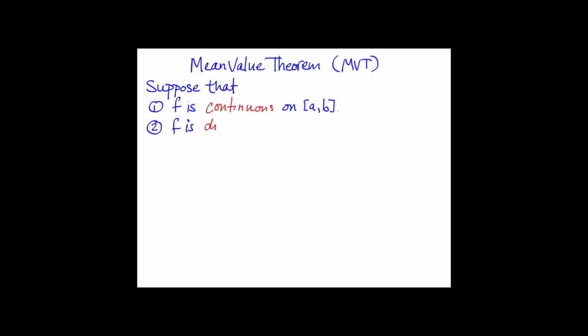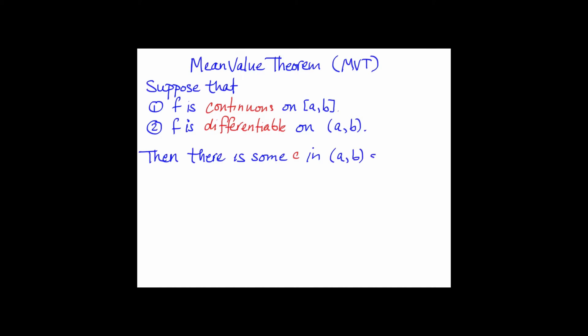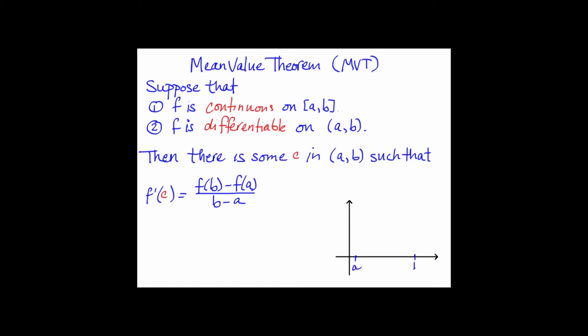And it's differentiable on the open interval from A to B. So that just means the derivative exists everywhere in between the numbers A and B. And we can conclude that there's some number C in between A and B where the derivative f prime of C is equal to f of B minus f of A over B minus A. And you should recognize what that quotient is. That's just the slope of the secant line joining 2 points on the curve.